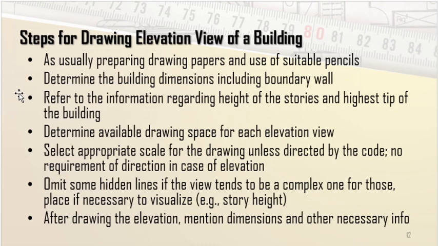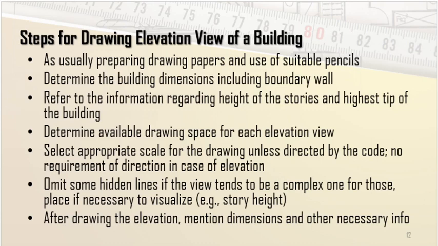We'll be watching while drawing it, how to omit some hidden lines, or how to include some hidden lines where it is necessary to visualize. And finally, after the drawing, as you know, you will have to give proper dimensions or other necessary information. So let's not make any further delay, let's get into the drawing.